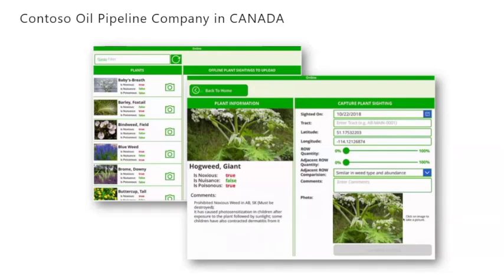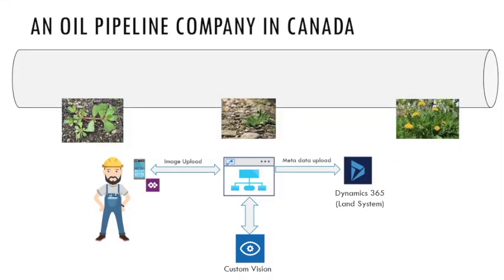They need to clean up their pipelines, but before they can clean up plants around their pipeline, they need to make sure that they are not destroying plants that are endangered or that are poisonous. There were requirements around what they can and can't clean up. So they would take pictures of those plants, and they would send them for analysis through Vision APIs that are available with Azure.